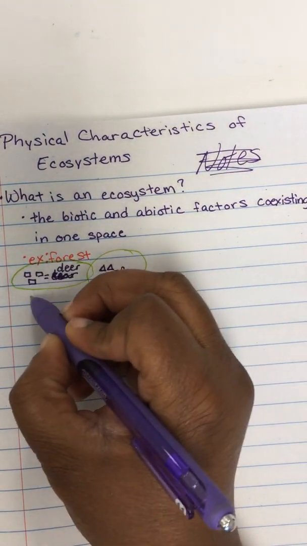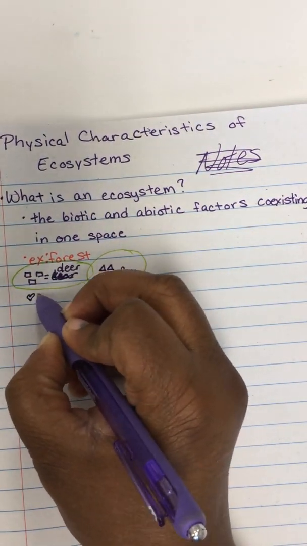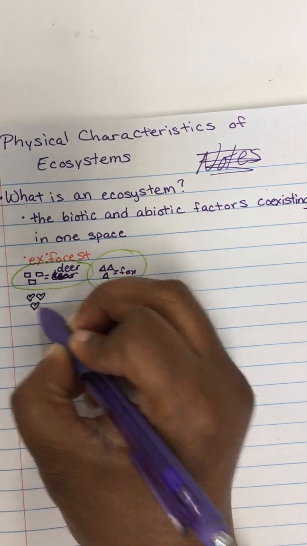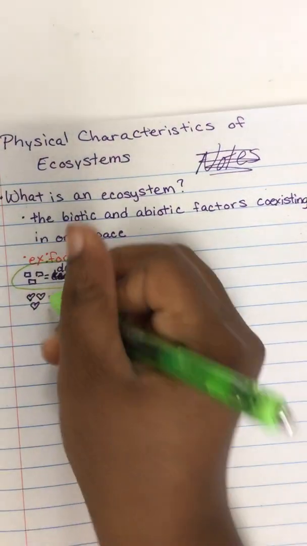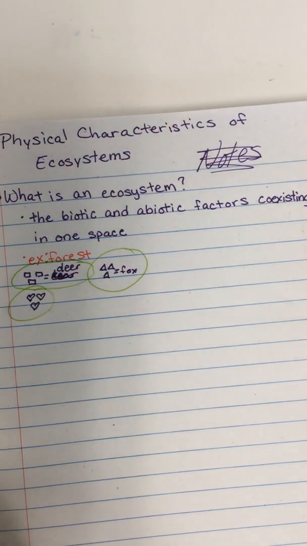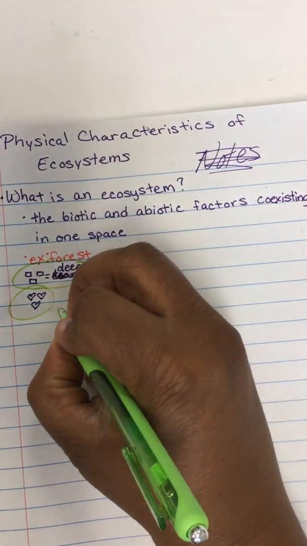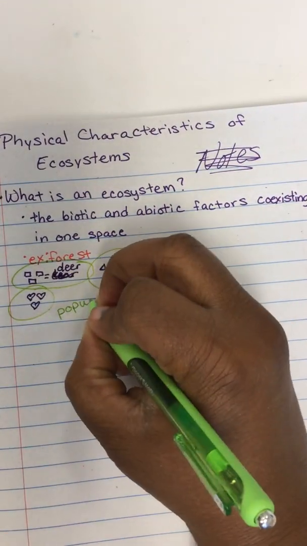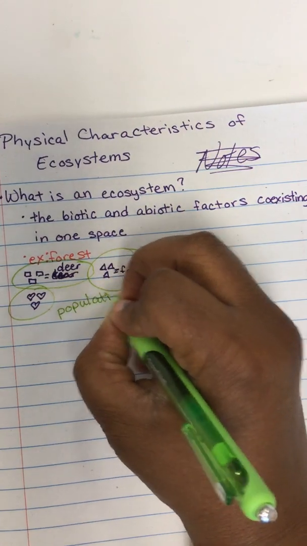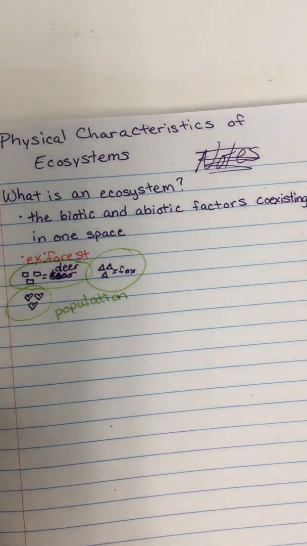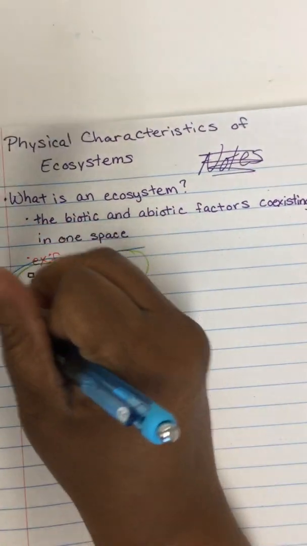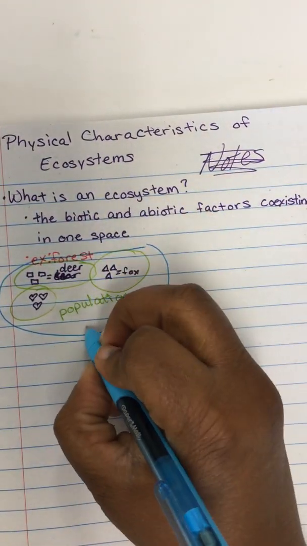They can be hearts. Those trees are one population. You can have many populations in one ecosystem. If you have many, they are then called a community.